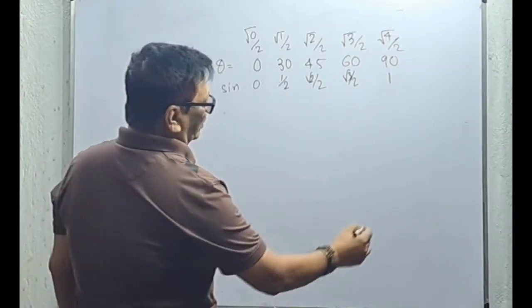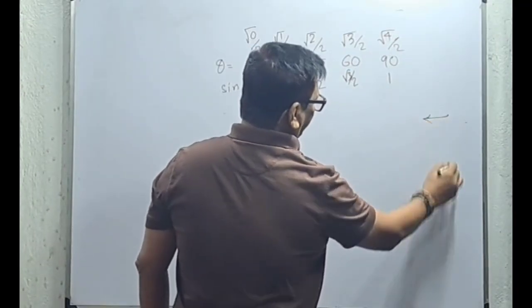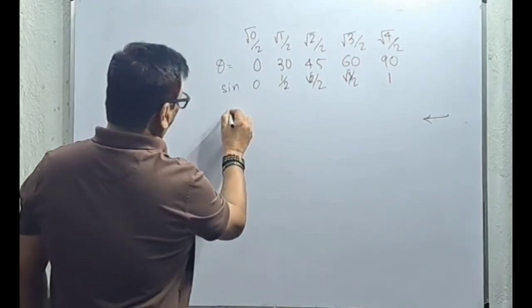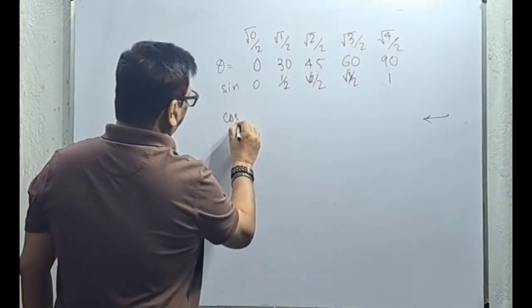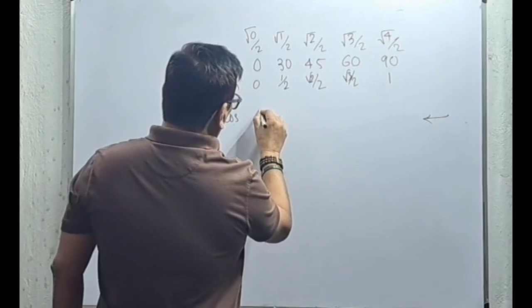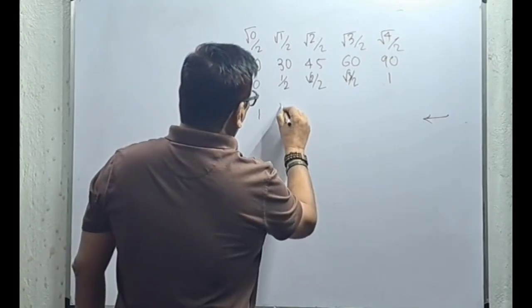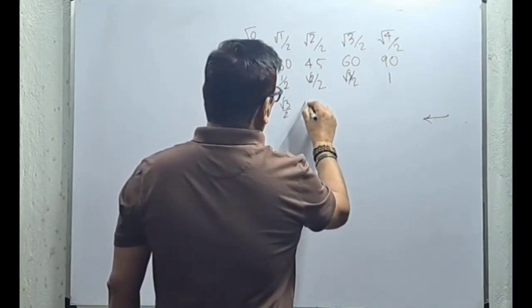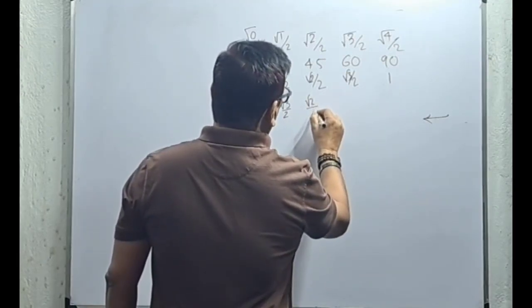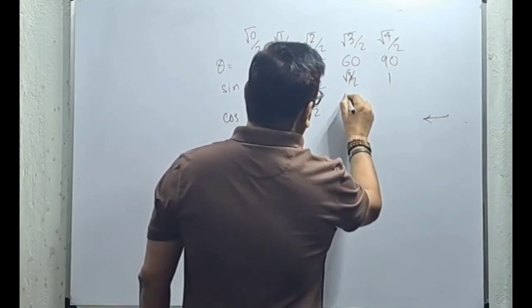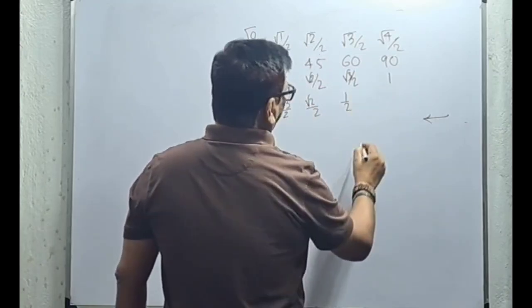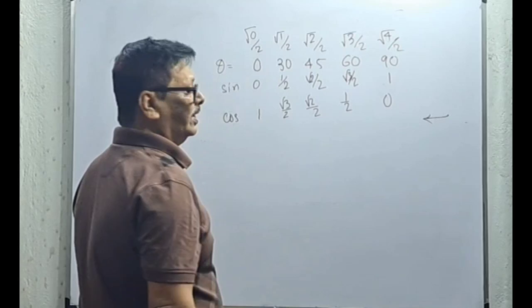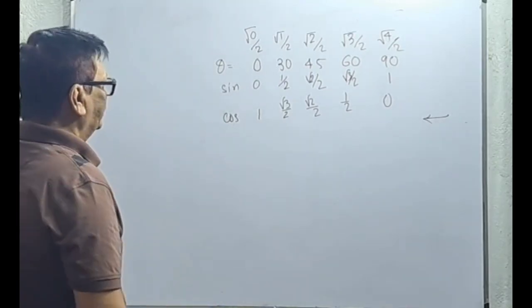Now, when you write cos, you come in the opposite direction, like this, cos. So you start from here, 1, root 3 by 2, then root 2 by 2, then 1 by 2, then 0, right?